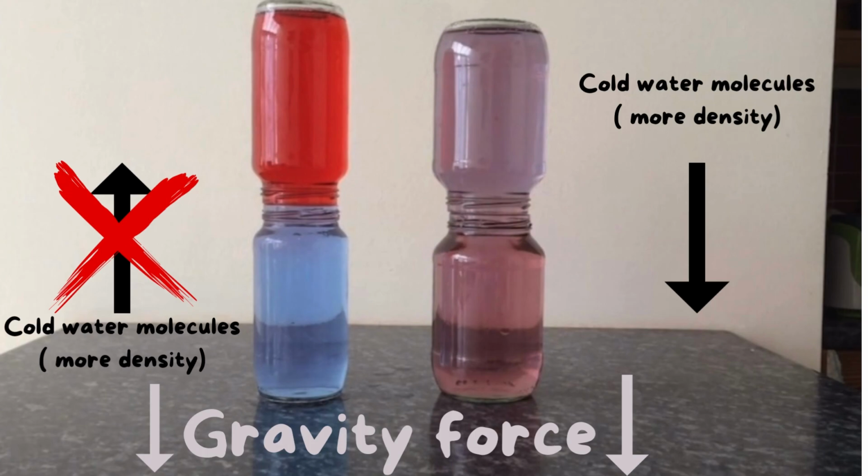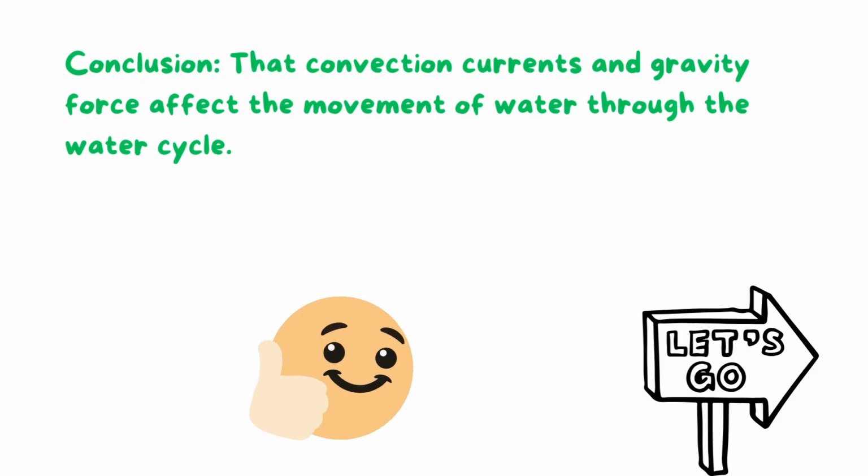So from this experiment, what can we conclude? Yes, the conclusion here is that convection, as the hot water molecules rise up and the cold molecules replace them because they have more density, is what we call convection currents.